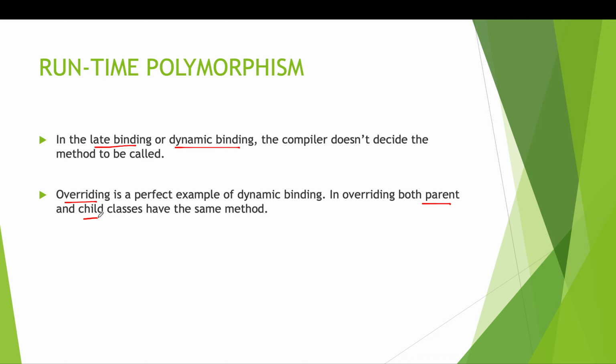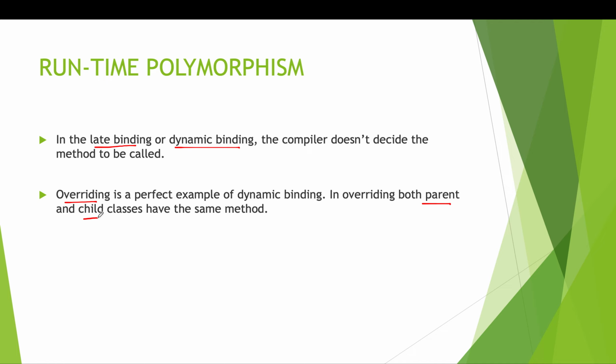What happened in overloading? The same class had multiple methods with the same name. In overriding, there will be one parent class and one child class, and both classes will have a function with the same name. So now we have to decide which function should be executed. When we studied inheritance, we discussed that the child class has access to its own functions as well as the functions of the parent class, provided they are either protected or public.